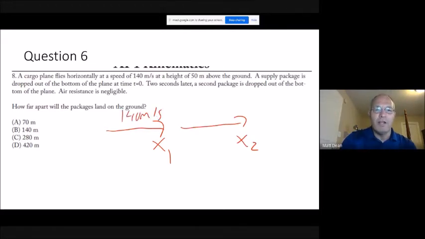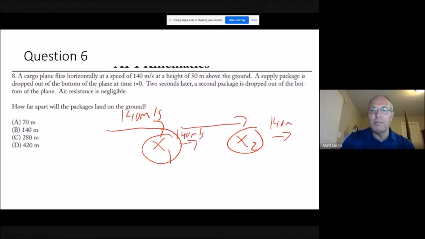The plane's traveling at 140 meters per second, which means the boxes are traveling horizontally at 140 meters per second the whole time. It doesn't matter if they're in the plane or falling from the plane, as long as we're ignoring air resistance, their horizontal speed throughout this whole problem is 140 meters per second, which means horizontally, the distance doesn't change.